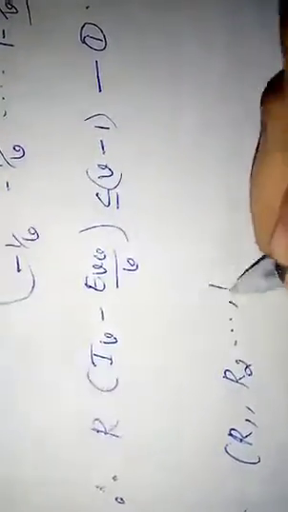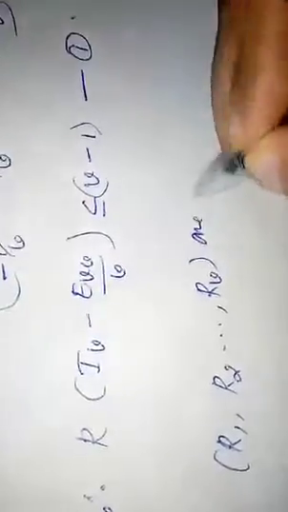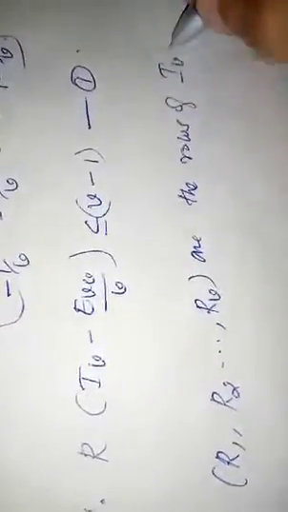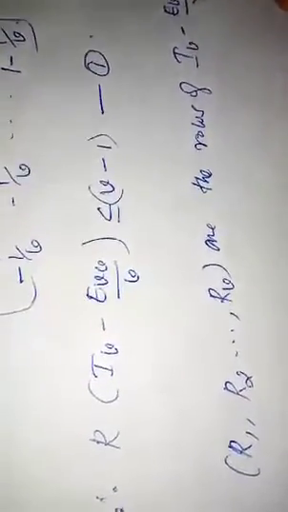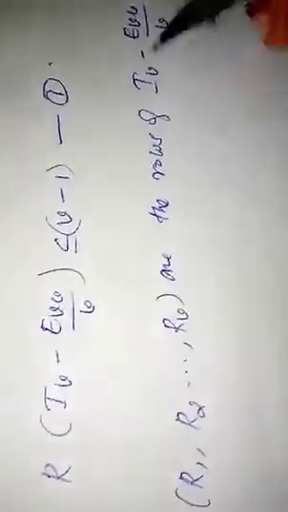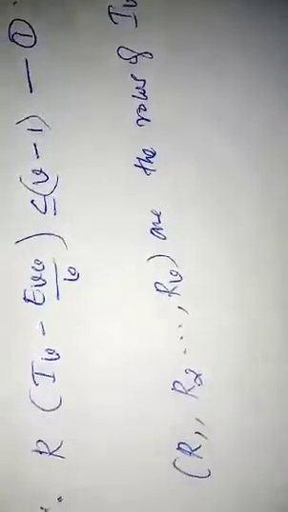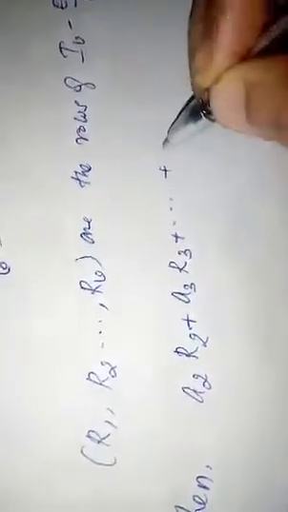If r1, r2, and so on, rv are the rows of the matrix Iv minus Evv divided by v, then consider a1 r1 plus a2 r2 plus a3 r3 plus so on, av rv equal to 0.